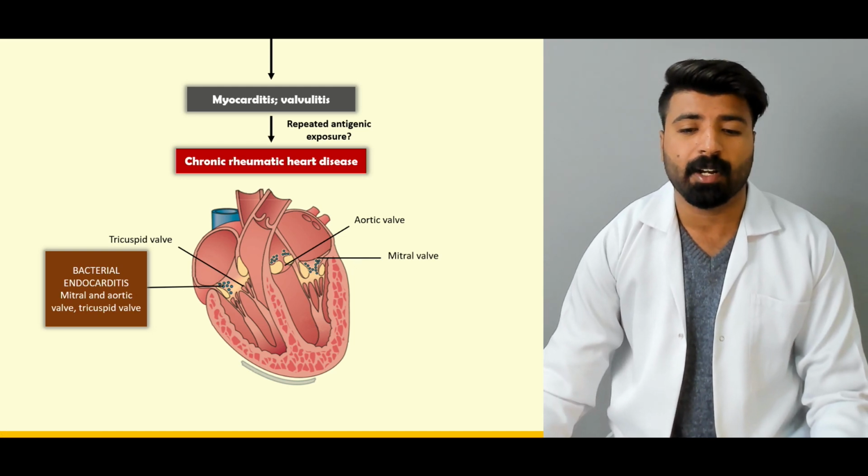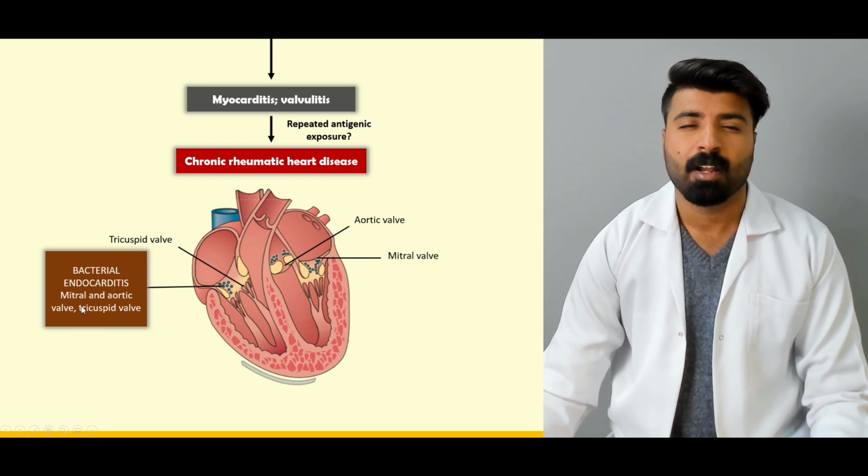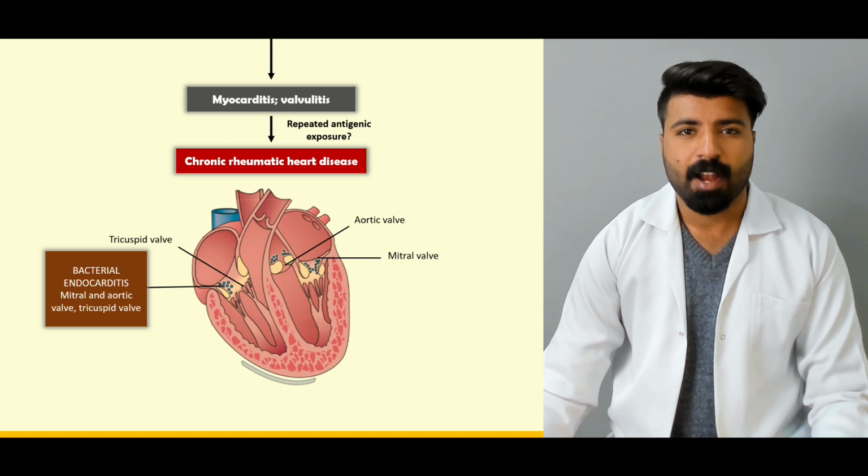Now this is very important: mitral being the most affected valve, aortic less than that, tricuspid less than that. What's the only valve that's being forgiven, that's not being affected? That's pulmonary. So that valve is intact.